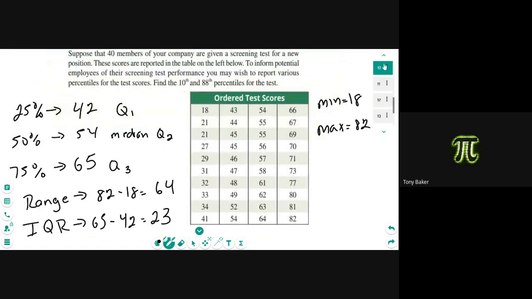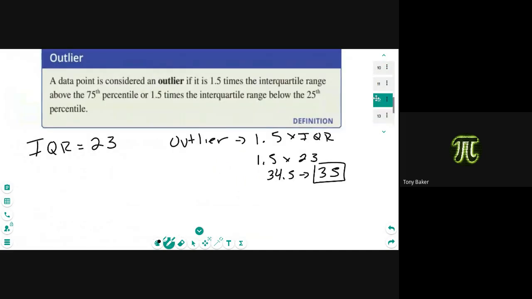So in this case, my 25th percentile was 42 and 65. So Q1 was 42. So my outlier here would be 42 minus 35, which would be any numbers less than 7, or 7 or below.